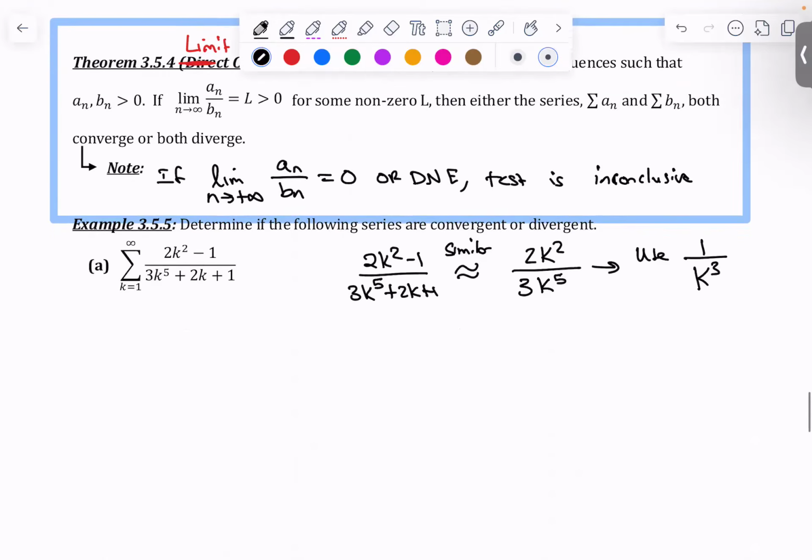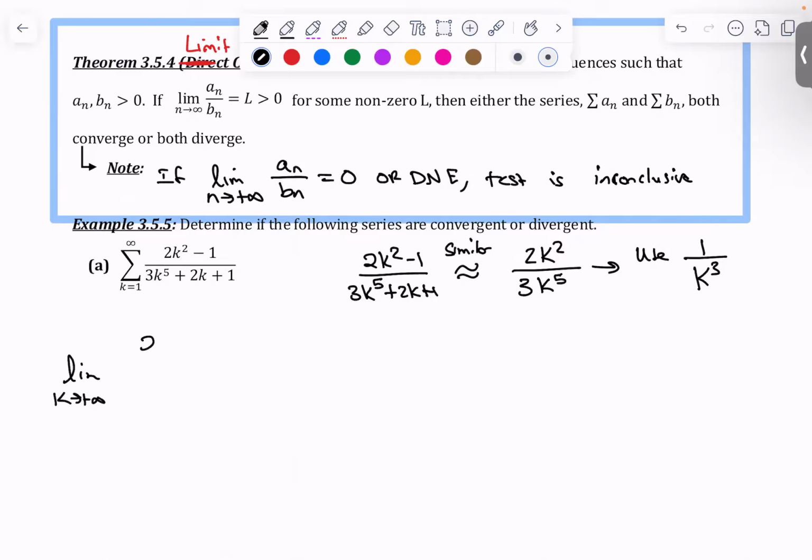So we'll do the limit as k approaches positive infinity of, and the great thing about this is it doesn't matter which one you put where. You're just comparing two different series. If you put your original series and your proposed series on the top and bottom respectively, it's the same thing as if you flipped it.